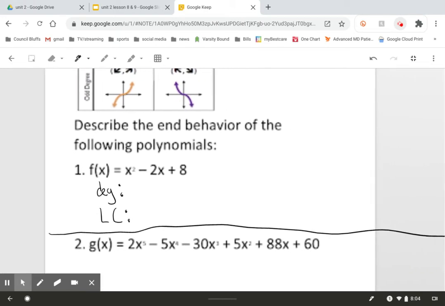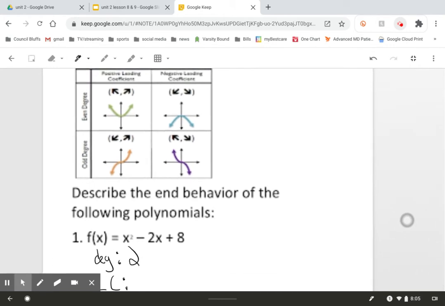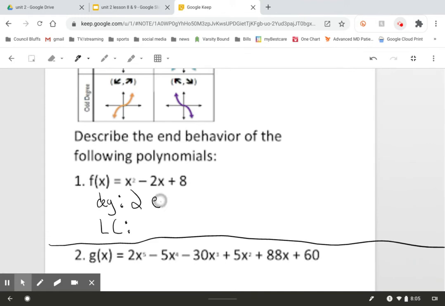So the degree, again, remember, is the largest exponent of the polynomial. In this case, the largest exponent is 2. So this polynomial is a degree 2 polynomial. Okay. And if we look at the chart, 2, we of course know is an even number.